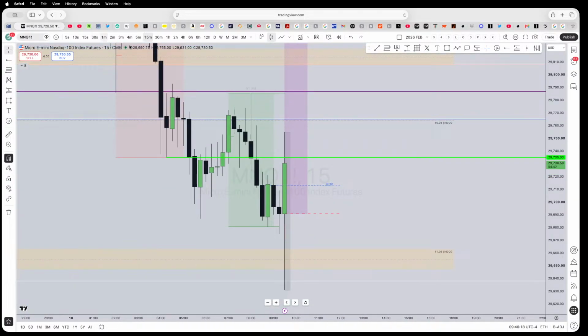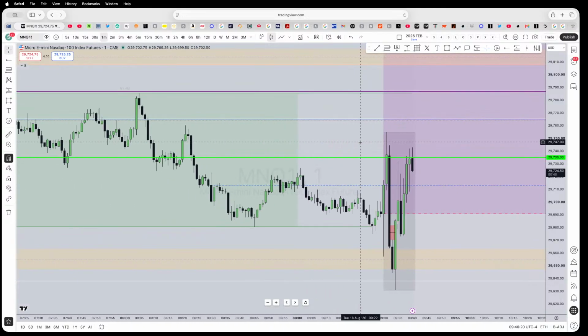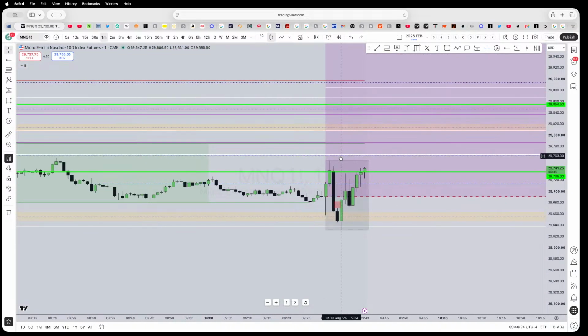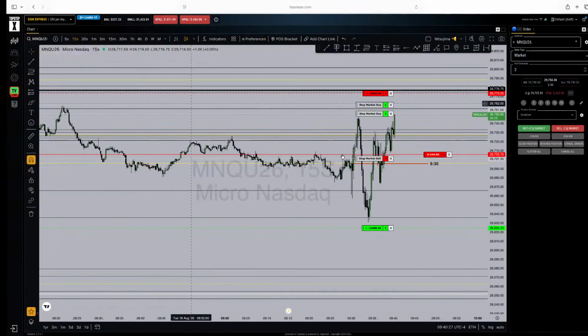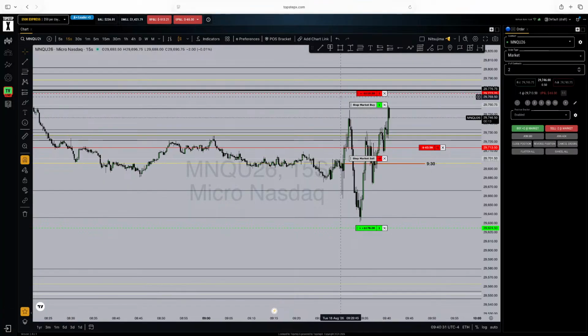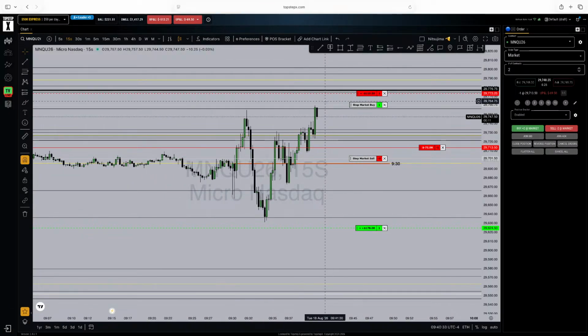One minute here. It hasn't even reached the quadrant yet. The quadrant is at 765. There's that. 65.